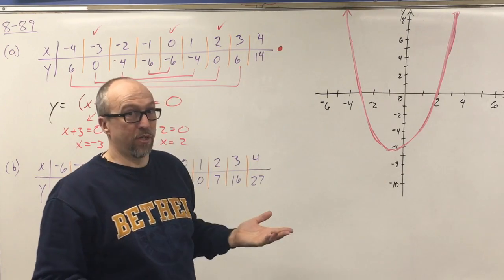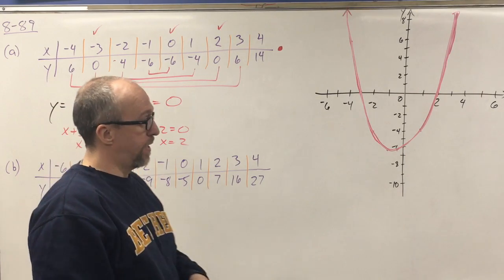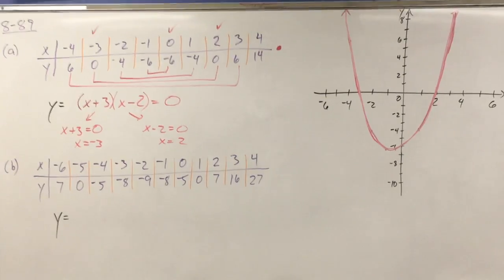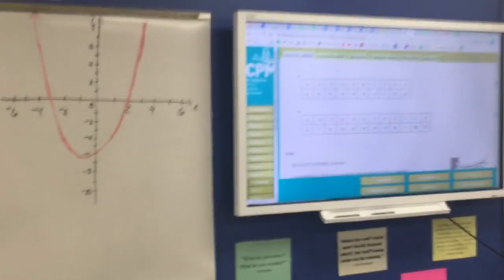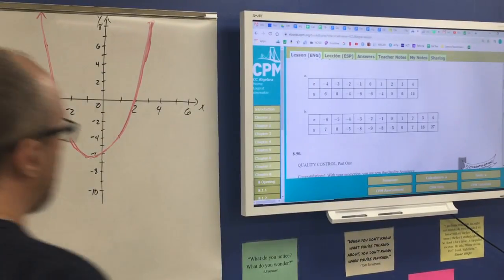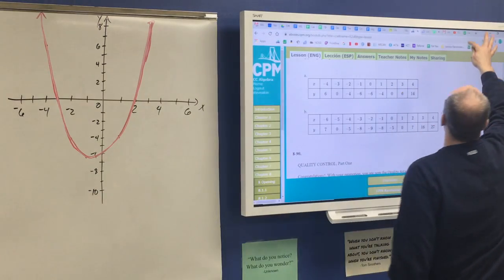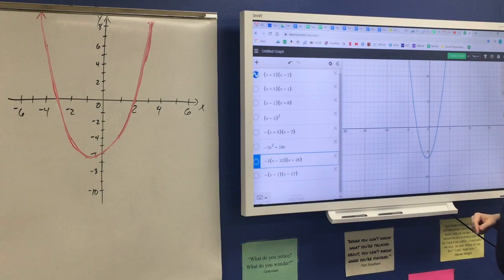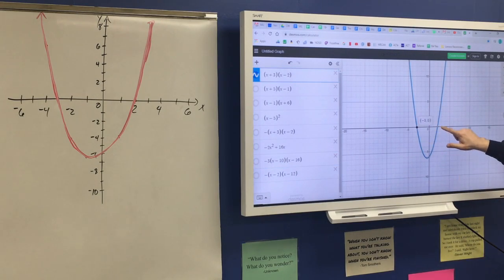So I'm good. I've got my equation, and just for kicks and grins, I want to check if my equation is right. So I got Desmos going ahead of time, and I put in what I thought was right, x plus 3, x minus 2. And if you take a look at it, it crosses the x-axis here and here.